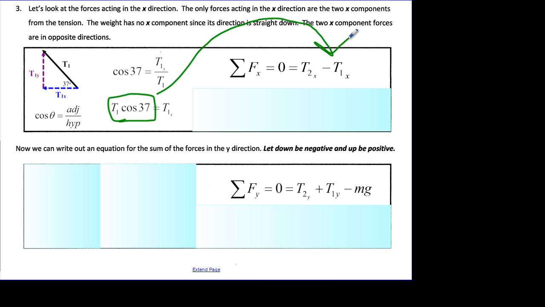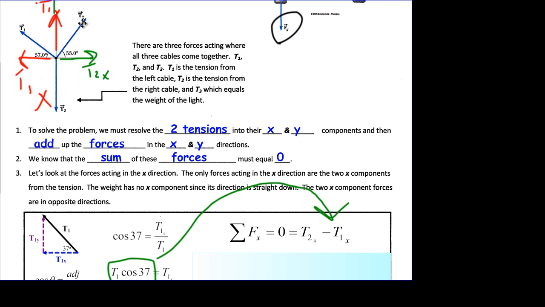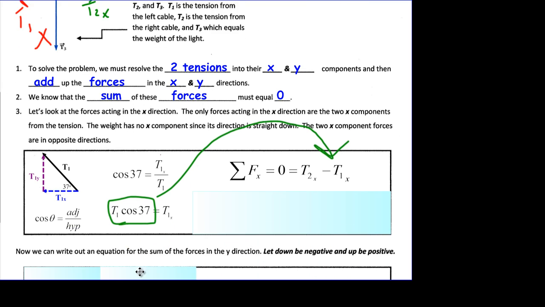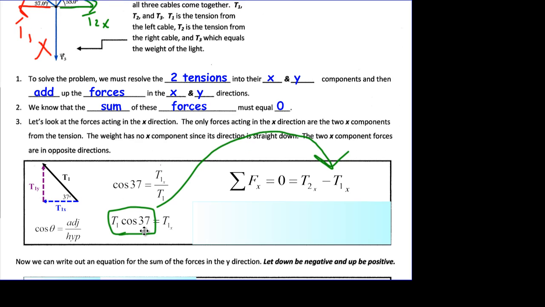And we're going to do the same thing for T2x. Looking back, T2x is at 53 degrees, so it's the same idea: T2 cosine 53 degrees equals T2x. So we can substitute them in.